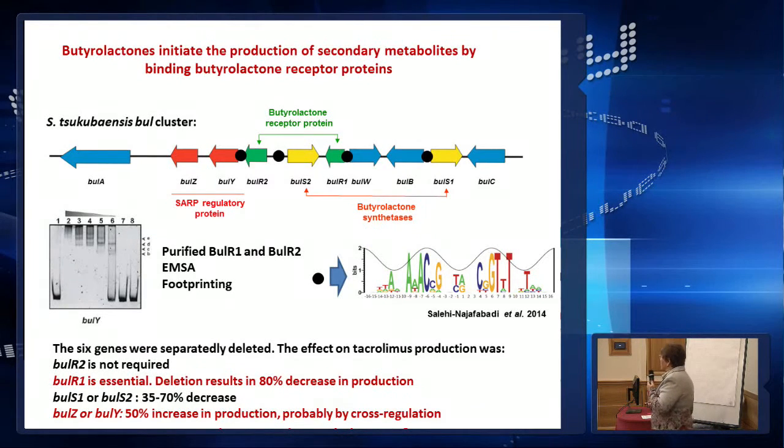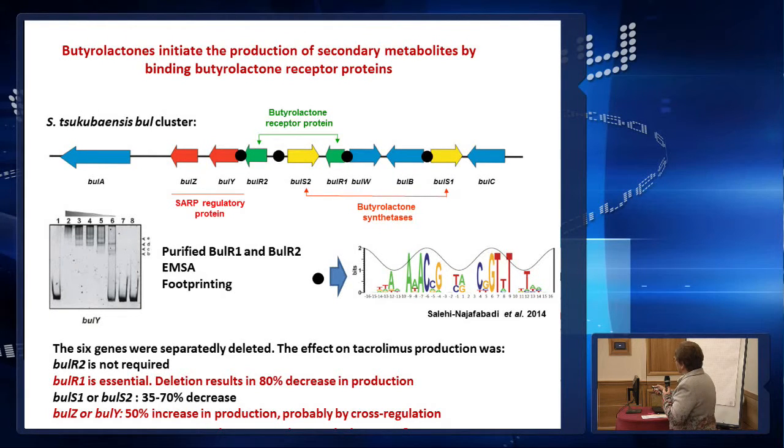A different cluster also related to tacrolimus production was the cluster encoding the butyrolactones. Butyrolactones initiate the production of secondary metabolites by binding butyrolactone receptor proteins. We found a cluster in the Streptomyces succubaensis genome that contains 2 genes for butyrolactone receptor proteins, 2 genes for butyrolactone synthetases, and 2 genes for regulatory SARP proteins, which are regulatory proteins for antibiotic production.